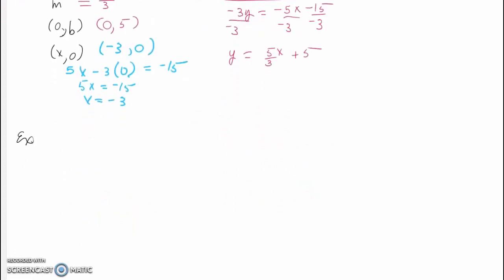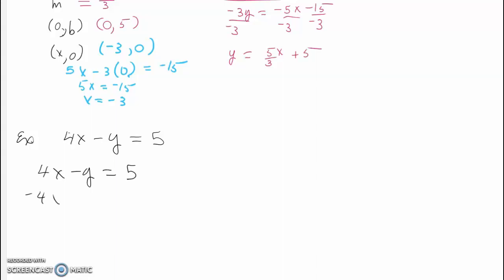The example I'll be giving you would be 4x minus y equals 5. Again, you always want to solve for y. Now, there's a couple of ways to do this. Let me show you both. So let me rewrite it: 4x minus y equals 5.